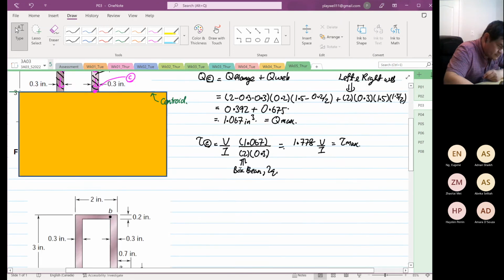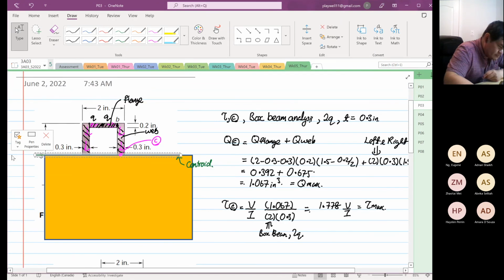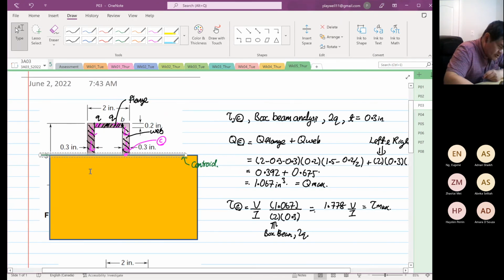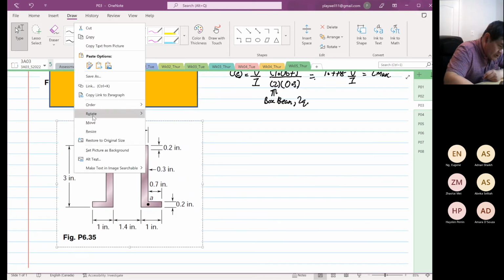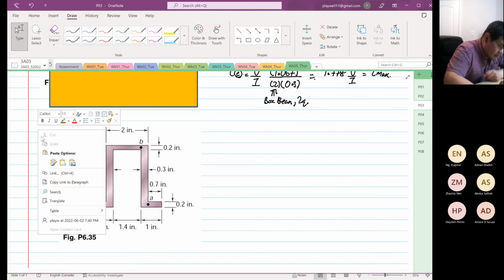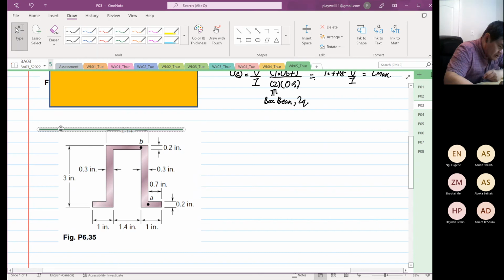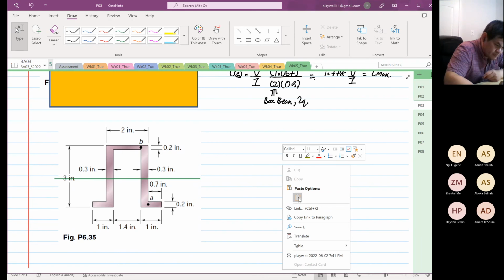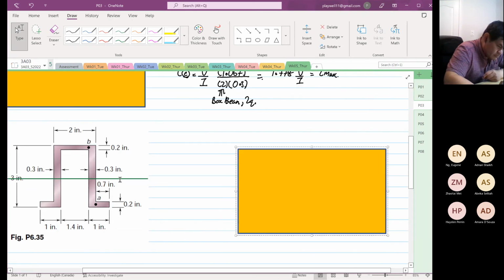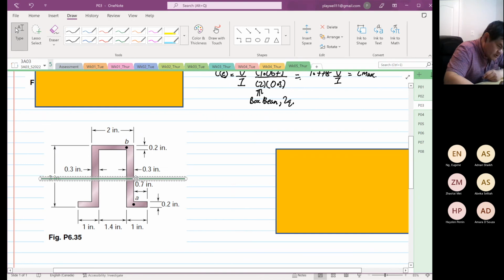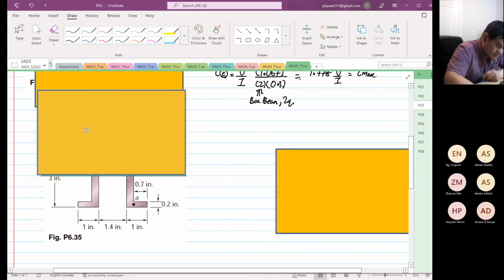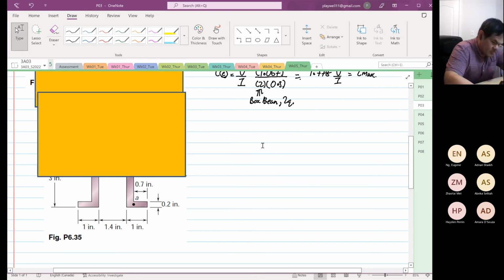Okay. So now I'm going to do the same thing, but we are going to look at it by using the bottom part. So this is still the position of our centroid. So I cover this like what I did before, right?